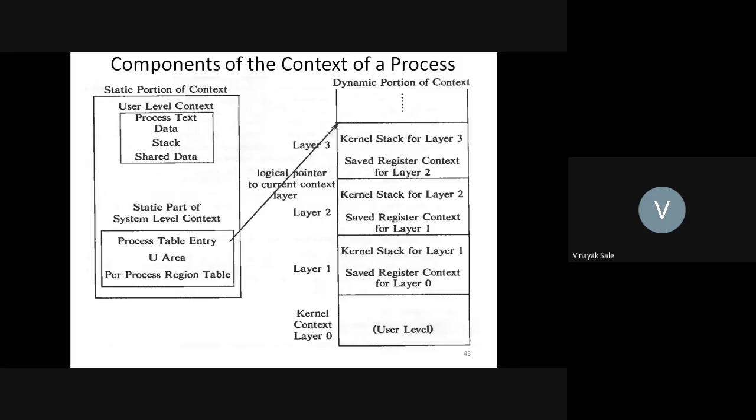There are a number of layers: layer 0, layer 1, layer 2, layer 3, and so on, which are dynamic. Each layer consists of the kernel stack, where the saved register context is kept at particular layers. Kernel context layer 0 is used for user level, and from layer 1 onward the layers are used by kernel level.